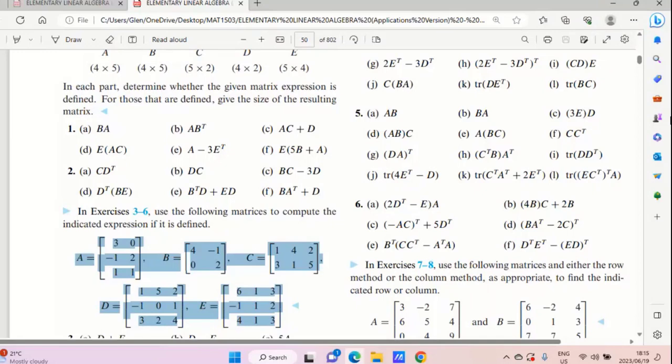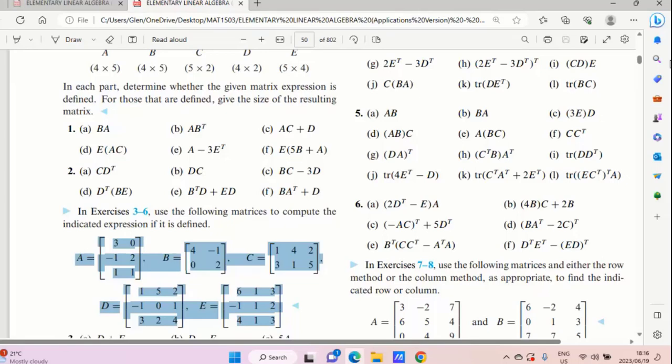Okay. Now, let's start from the transpose of D. We agree that at the transpose of D, the rows will be columns.